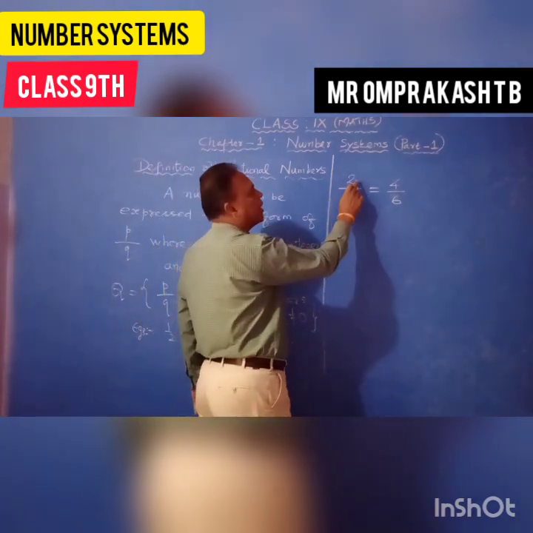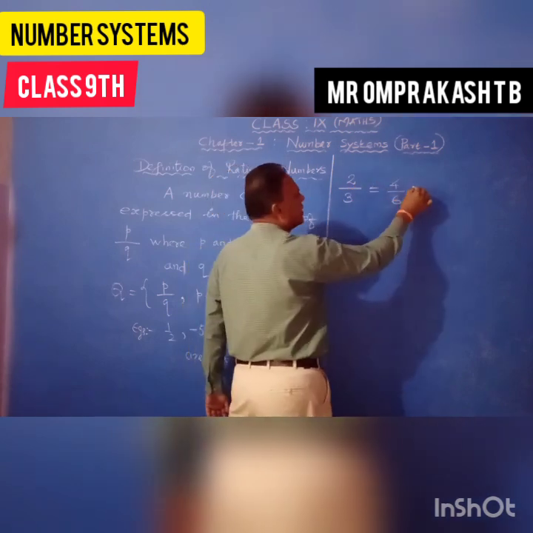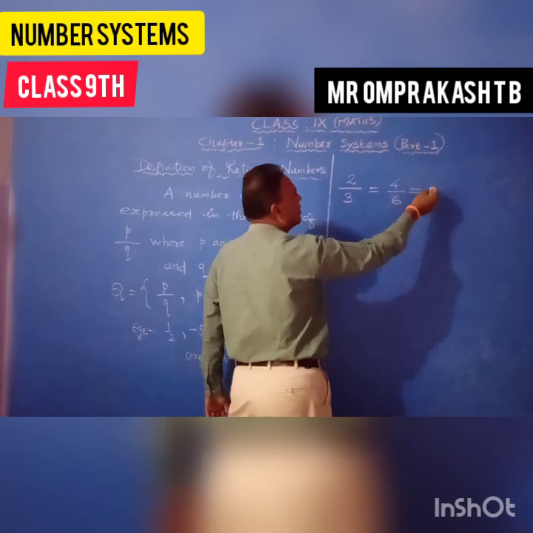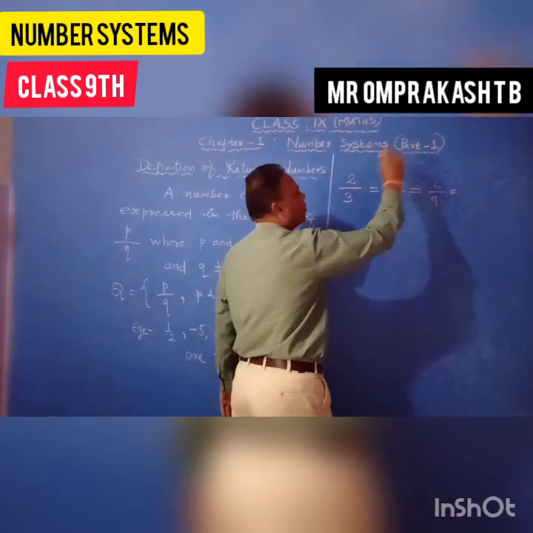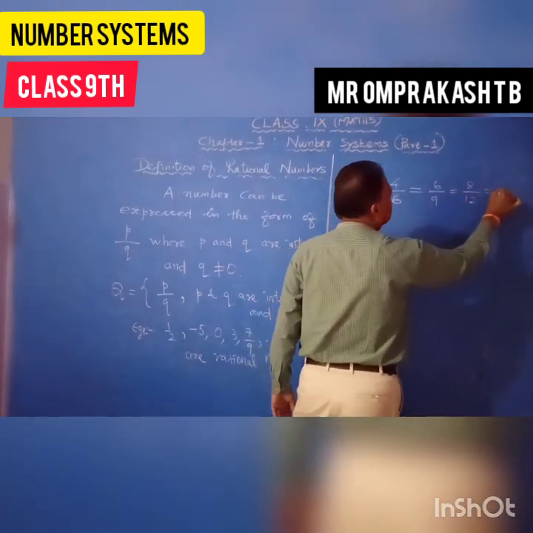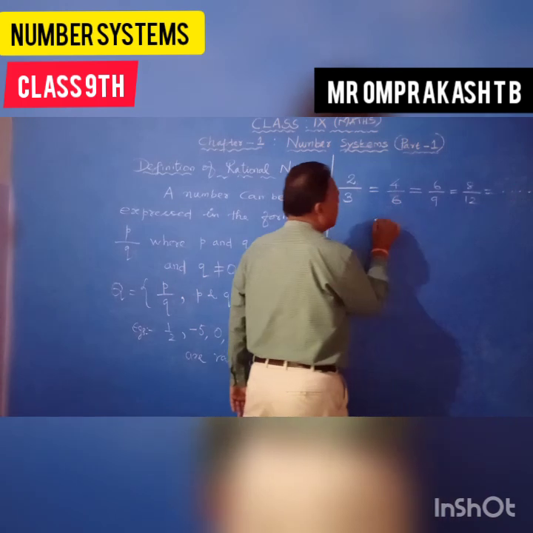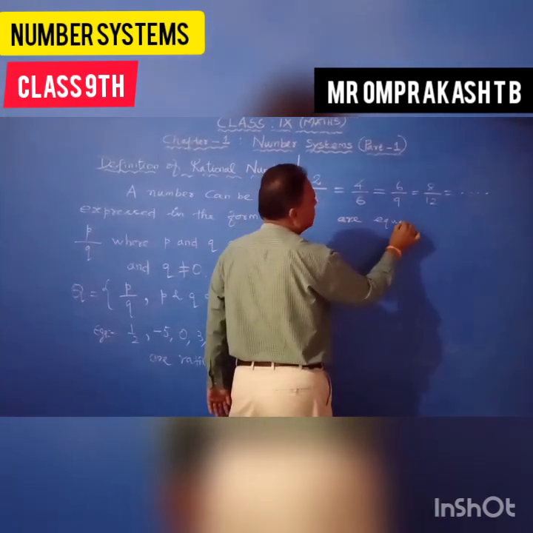Then you multiply with 2 in the numerator and the denominator, means you will get 4 by 6. Like this, multiply by 3, you get 6 by 9, multiply by 4, 8 by 12, etc. These are equal fractions.